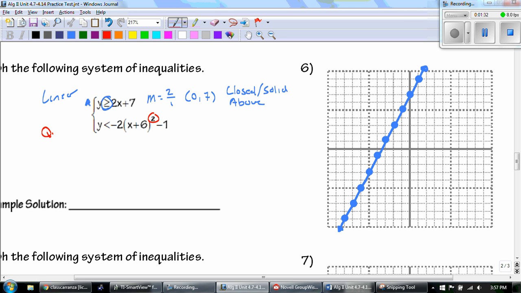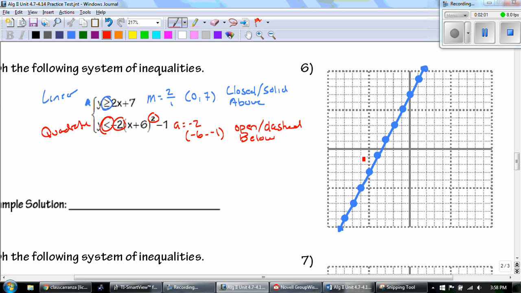And this is a quadratic. I look at my pattern. It's negative 2. My vertex is negative 6, negative 1. Looking at my symbol, I am open or dashed, and then I need to shade below.